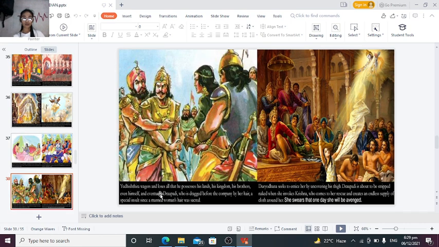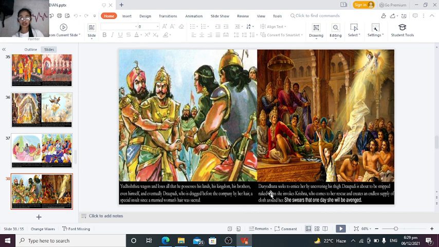So Yudhishthira wagers and loses all he possesses: his land, his kingdom, his brothers, even himself, and eventually Draupadi, who is dragged before the company by her hair, a special insult since a married woman was sacred.